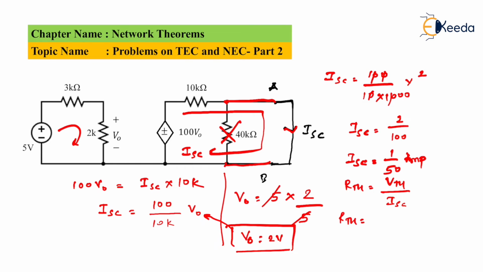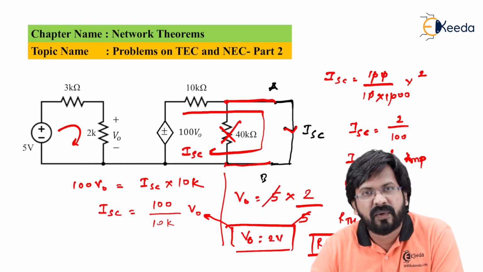So now RTH becomes 160 divided by ISC, which is 1 by 50. If you solve this, you'll get RTH equal to 8000 ohms, or I can say RTH equal to 8 kilo ohms. So RTH is simply 8 kilo ohms, and that is our final answer.